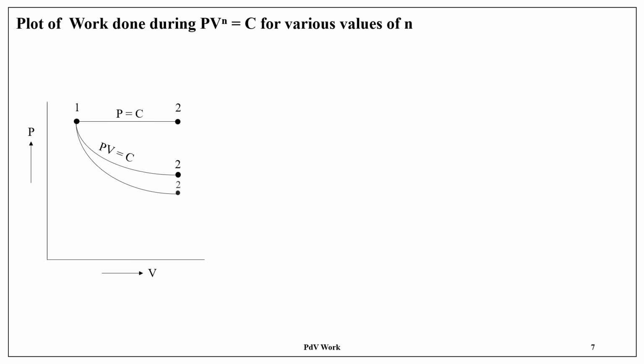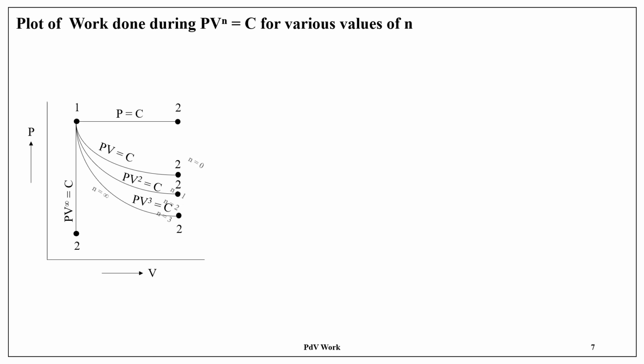Similarly, we can take to another state using PV^2 equal to constant, and PV^3 equal to constant will take the state to some other state. Likewise, we can keep on increasing the values to 4, 5, 6, 7, 8, and you can stop at infinity. PV^infinity equal to constant.